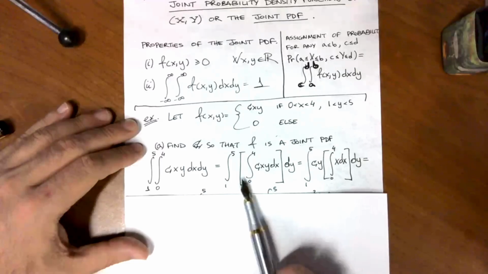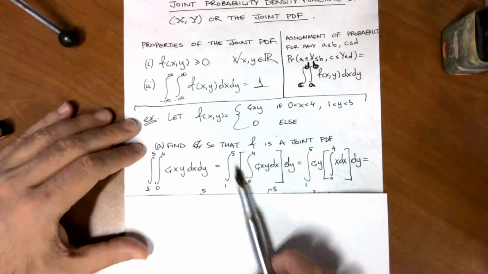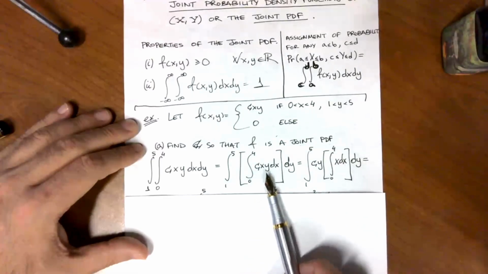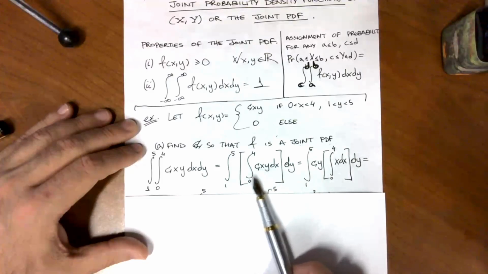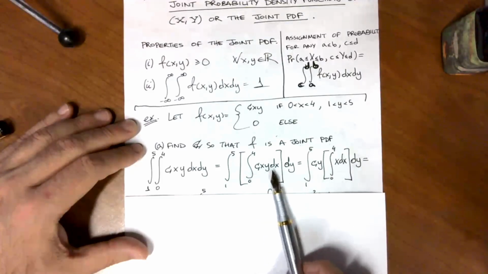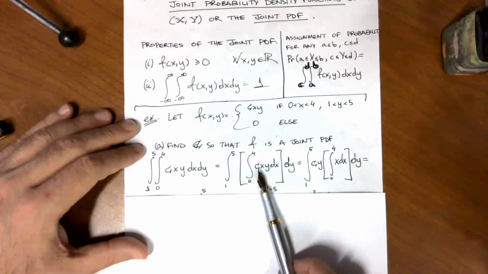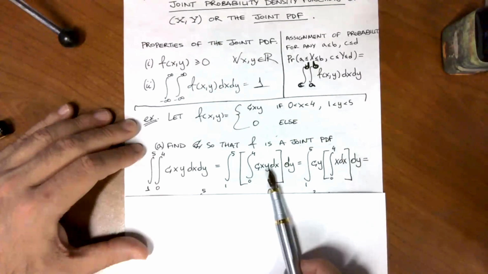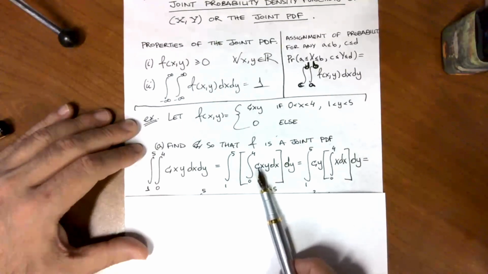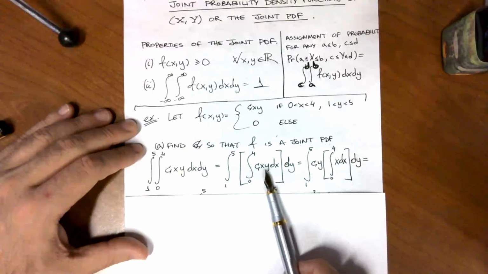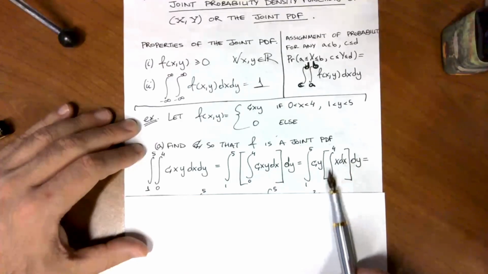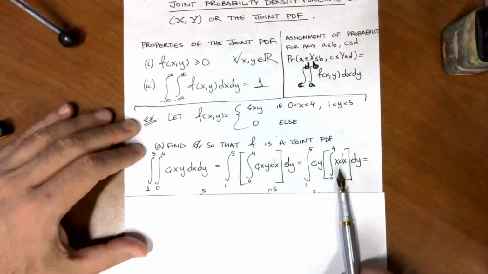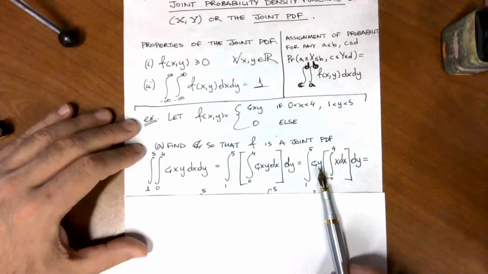So we're going to look at the integral from 0 to 4. We're going to isolate this part over here. What's going to happen is that we're asking simply for changes in x, so we can treat c and y as if they were constants. We pull them out from the integral, and we're thus able to calculate the integral of x from 0 to 4, having to worry about c times y.